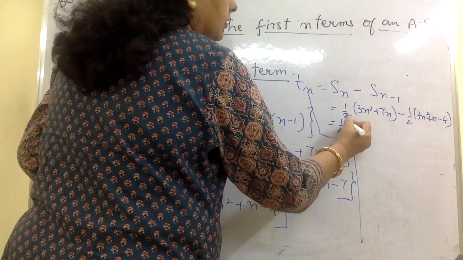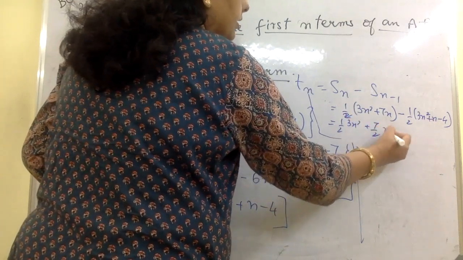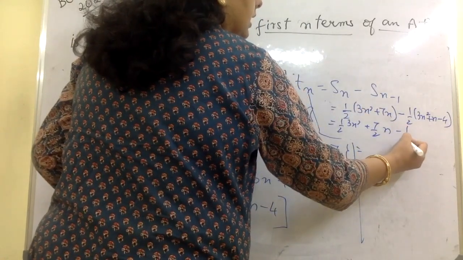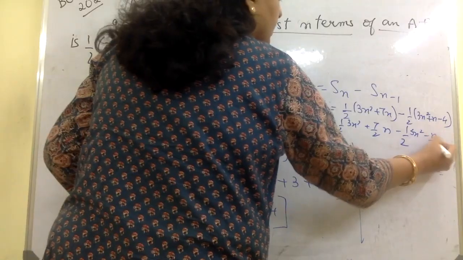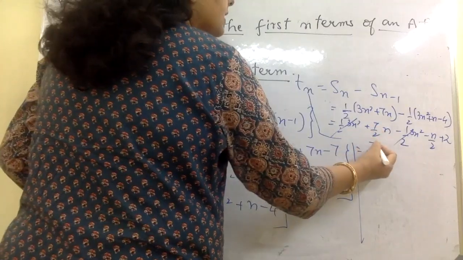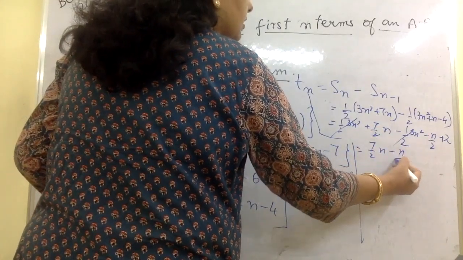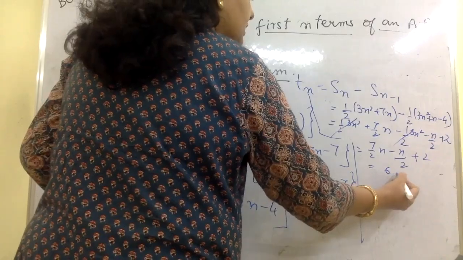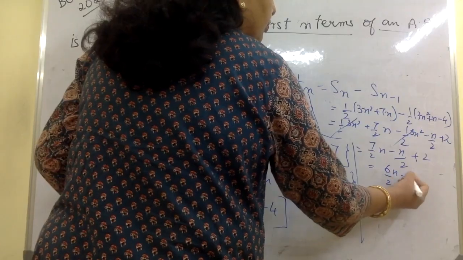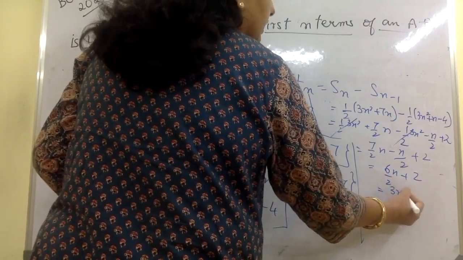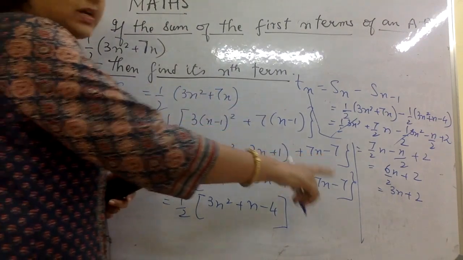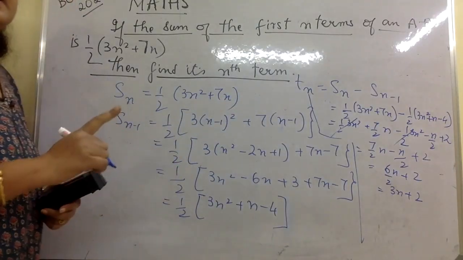This is half 3n square plus 7 by 2 n minus half 3n square minus n by 2 plus 2. This and this get cancelled. 7 by 2 n minus n by 2 plus 2, which is 6n by 2 plus 2, that is 3n plus 2. So this is my expression for the nth term.